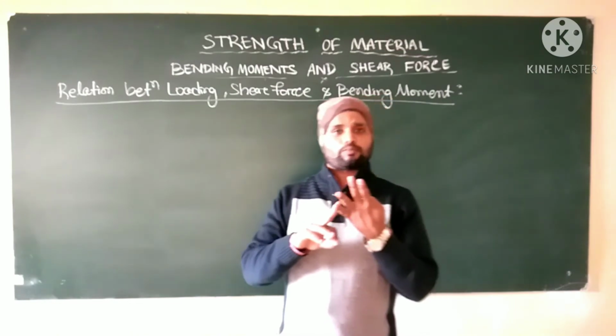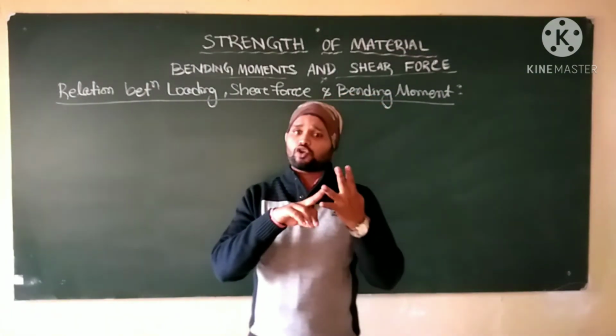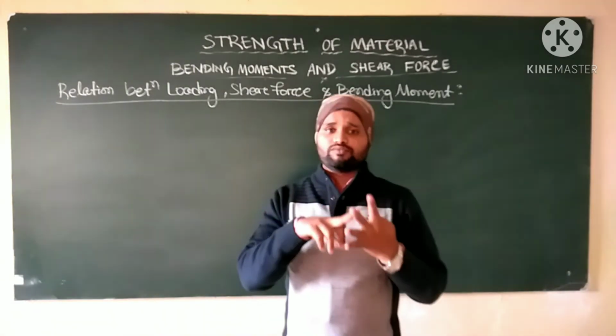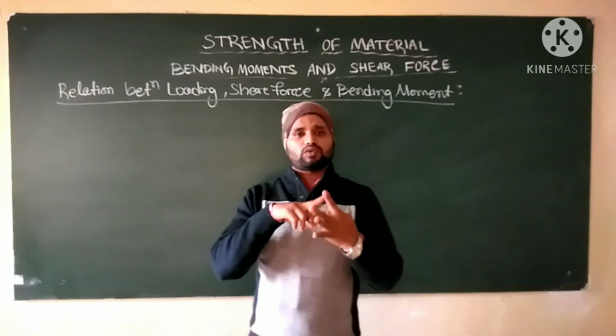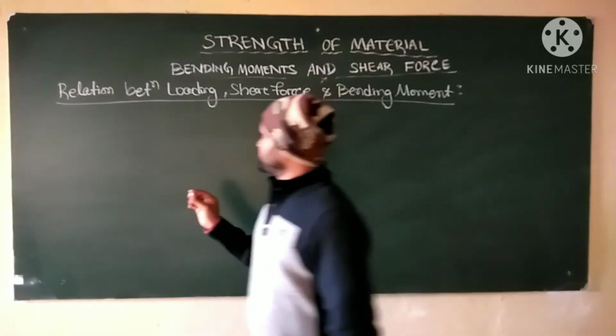So there will be 4 points. First, in case of point load, second in case of no load, third in case of uniformly distributed load, and the fourth one is in case of uniformly varying load. Let's write.